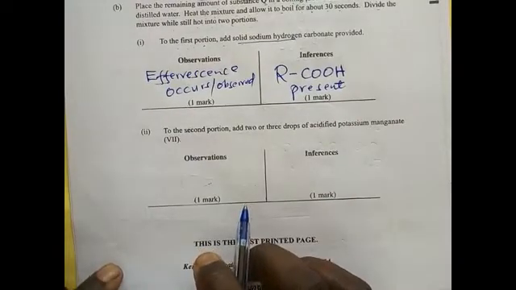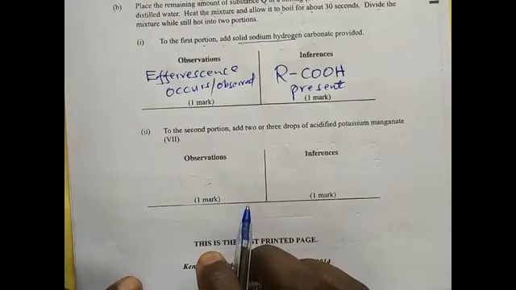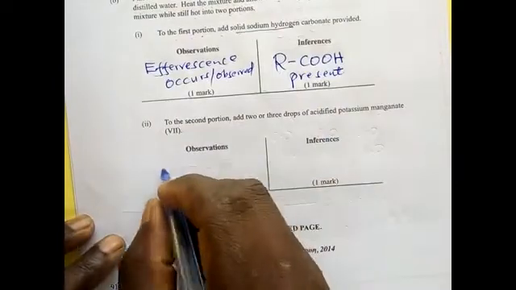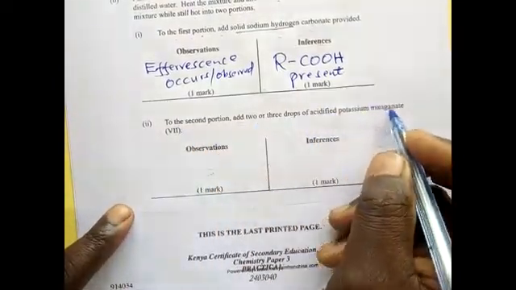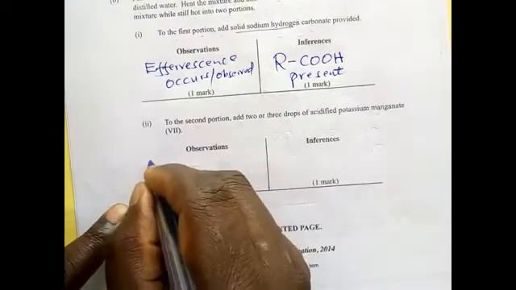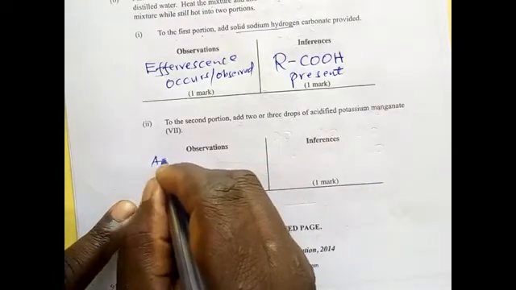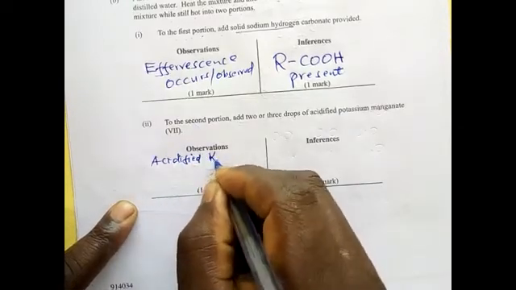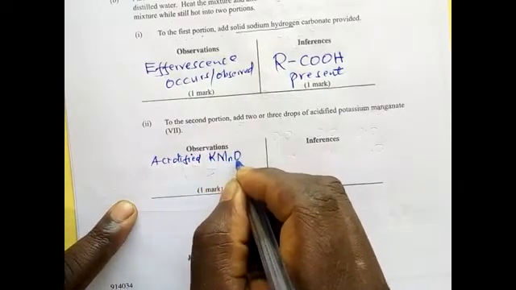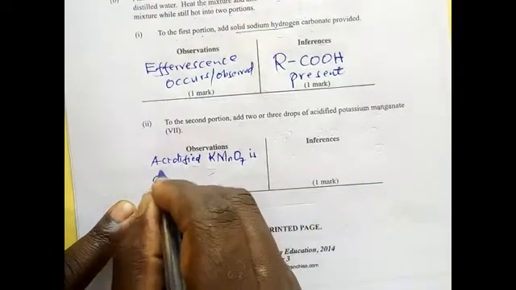To the second portion, add 3 drops of acidified potassium permanganate, which is purple. The acidified potassium permanganate is decolorized.